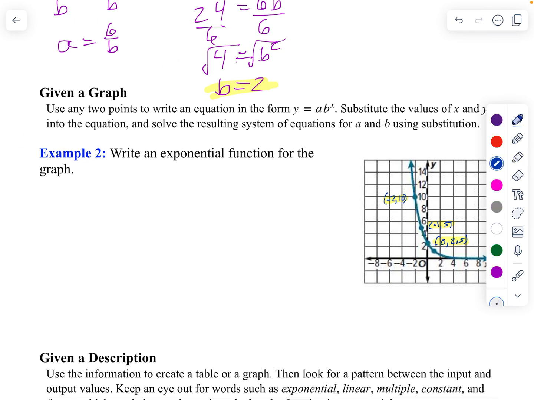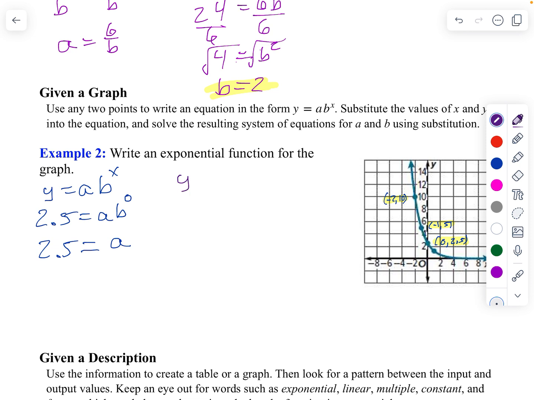So I'm going to do y equals a times b to the x. Well, in the one with 0, y is 2.5 equals a times b to the 0. Oh, look how pretty that is. We know anything to the 0 power is 1, so a is 2.5. Now let's do the second equation.